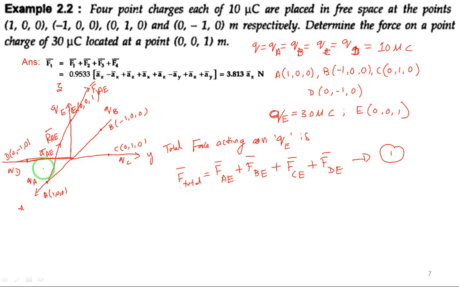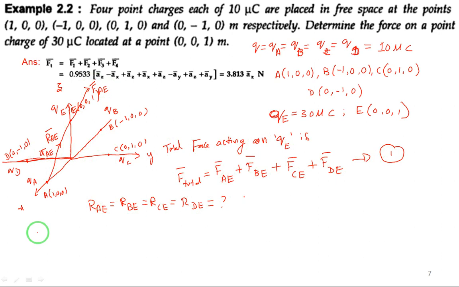And Z is at the center, meaning the distance from A to E, B to E, C to E and D to E is the same, but the unit vector direction will be changing. So the distance is the same: RAE is equal to RBE, from C to E and D to E, the distance is the same. What is this distance? We'll find out. First I'll find out the vector RAE for that purpose, but anyhow I have to find out all the vectors here.